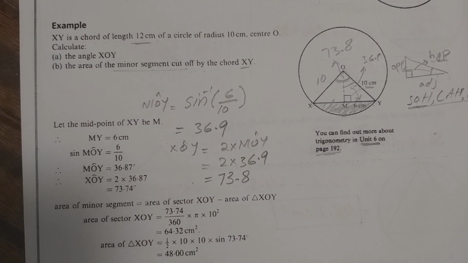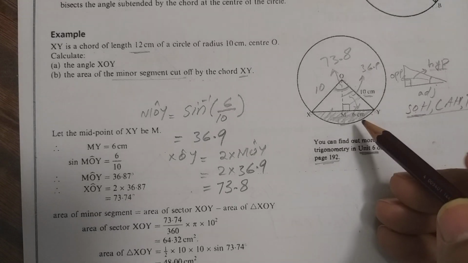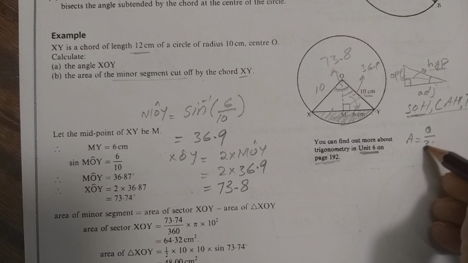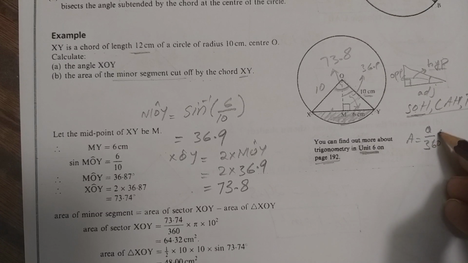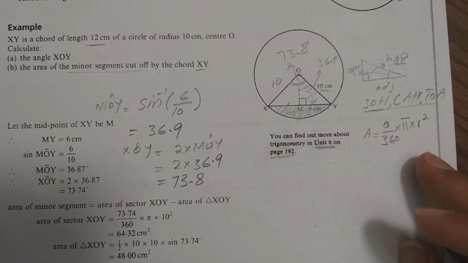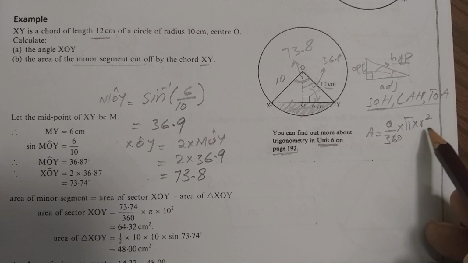We did area of sector in the previous video. How can you find the area of the sector? The formula is area of sector equals theta divided by 360 times pi times r squared, if you remember that. So this is theta over 360 pi r squared.